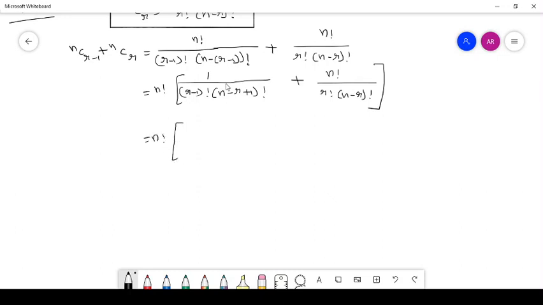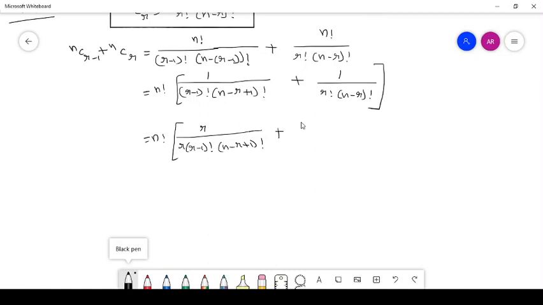Here we are multiplying both the numerator and denominator with r, so we get r by r into (r minus 1) factorial into (n minus r plus 1) factorial. Plus, here we are multiplying both the numerator and denominator as well.